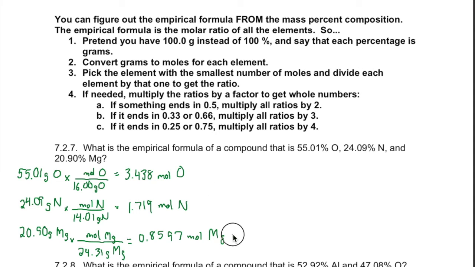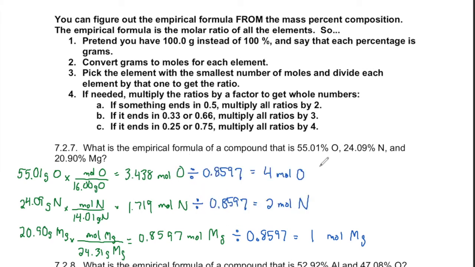And the first thing to do is to choose the smallest number, 0.8597, and divide everything by that. The reason why we do that is because that's an easy way to at least get one whole number. If we divide 0.8597 by 0.8597, at least one of our elements will have a nice, manageable whole number integer there. But we have to do it to all of them, otherwise we're going to change the ratio.